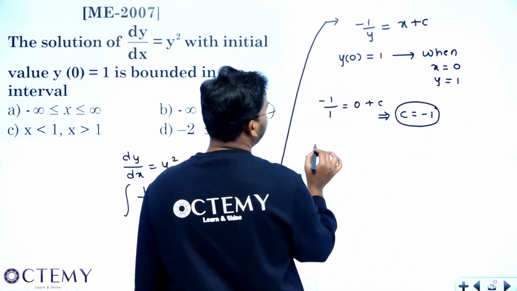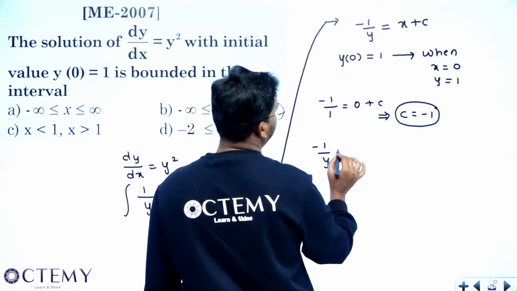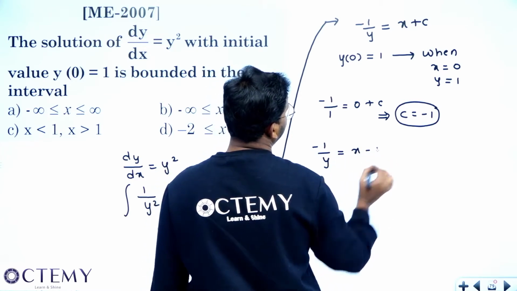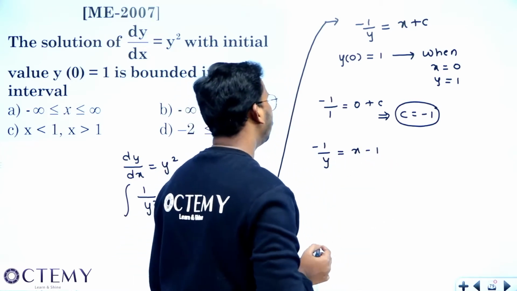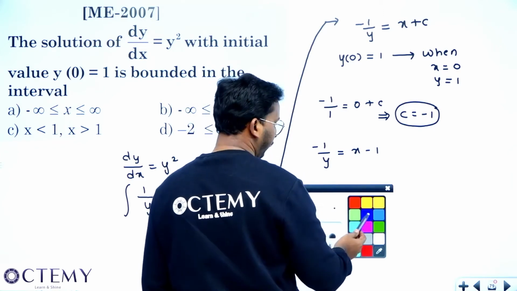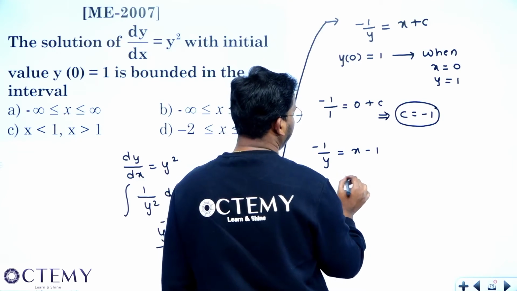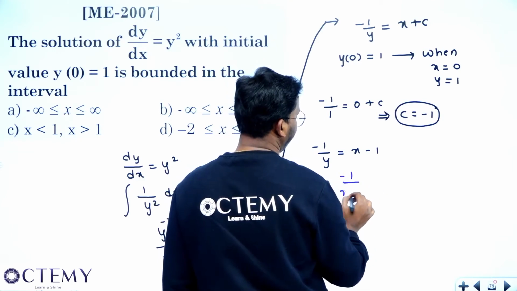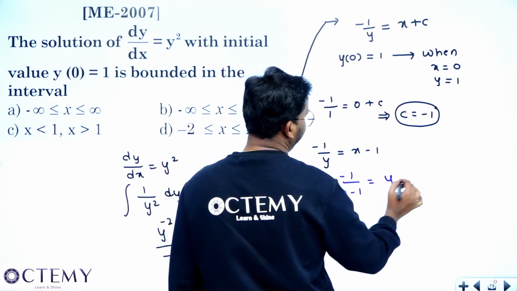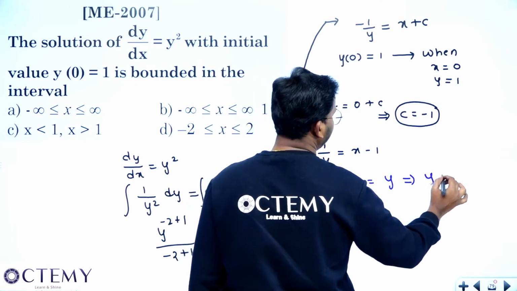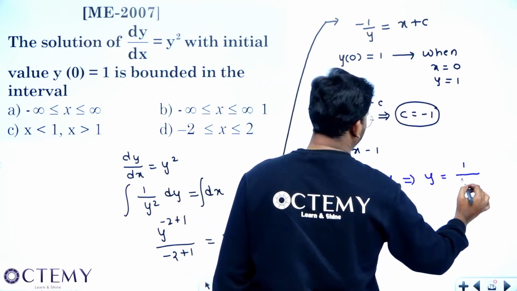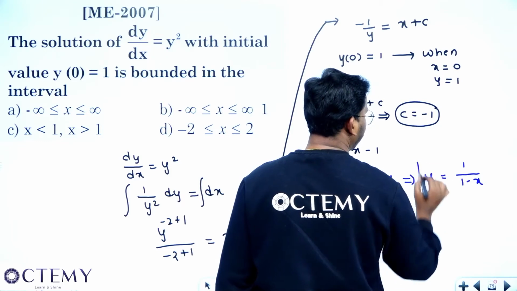So, this will become minus 1 by y is equal to x minus 1. Right? So, what will this become? Minus 1 by x minus 1 is equal to y, which implies I can write y is equal to 1 by 1 minus x.